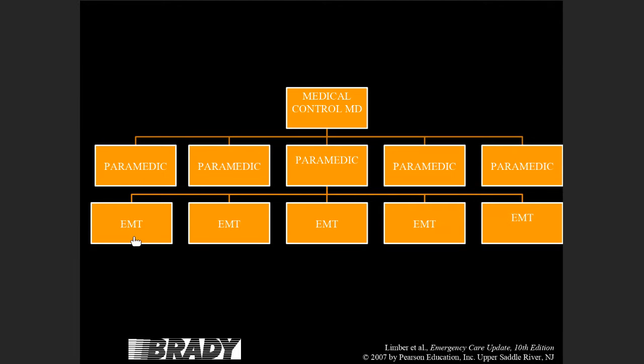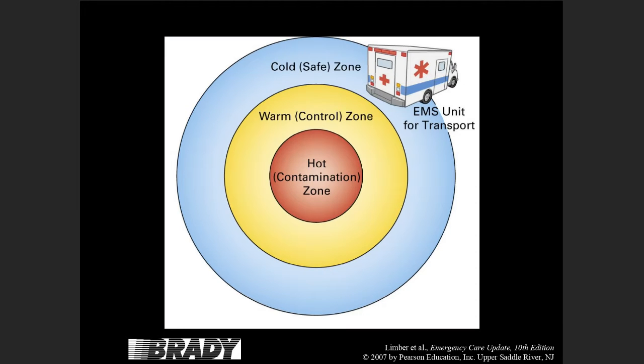A certain number of EMTs would be overseen by a single paramedic. A certain number of paramedics would be overseen by the medical control physician. The paramedics would be responsible for the atropine and the 2-PAM, as well as administering Valium for seizures. And once again, this is only done in the cold zone.